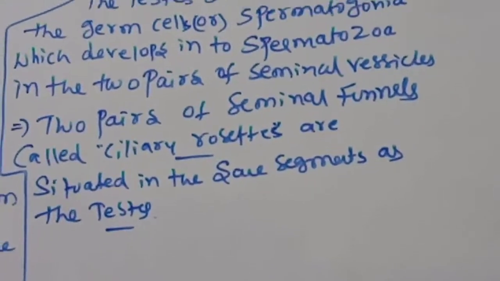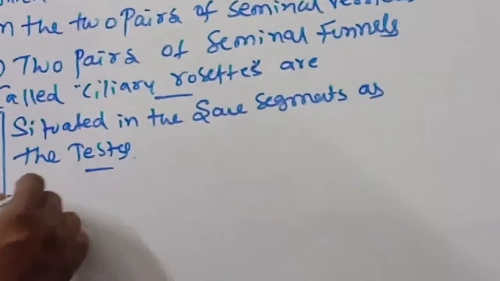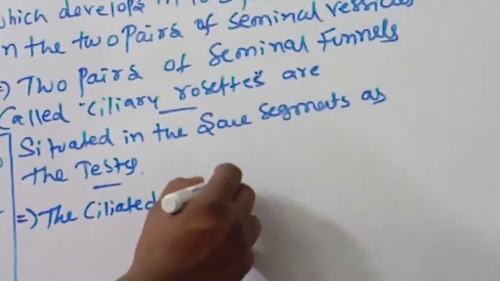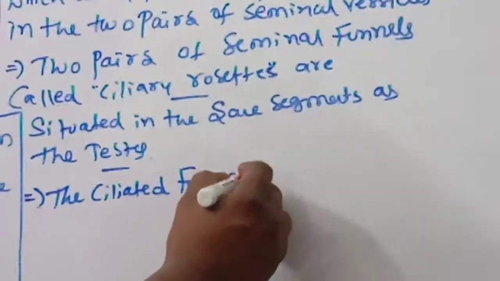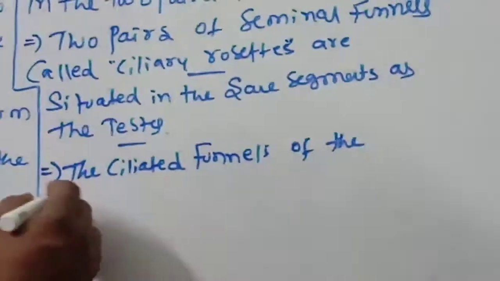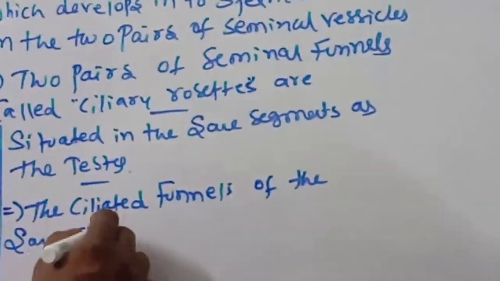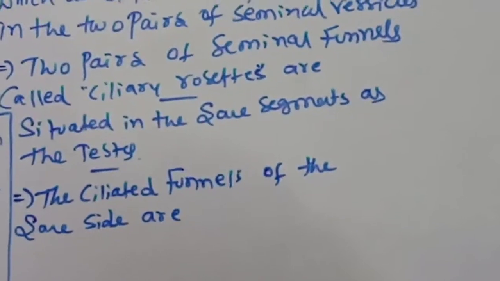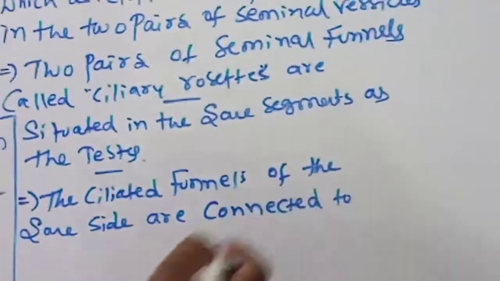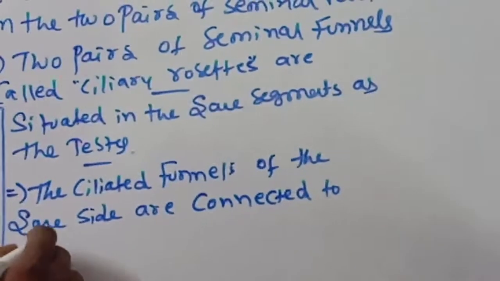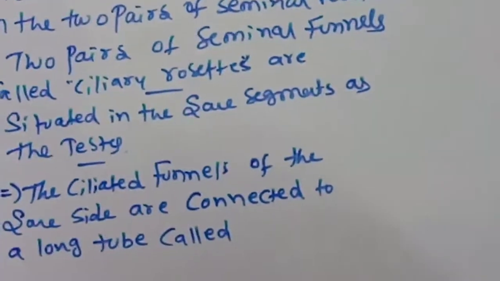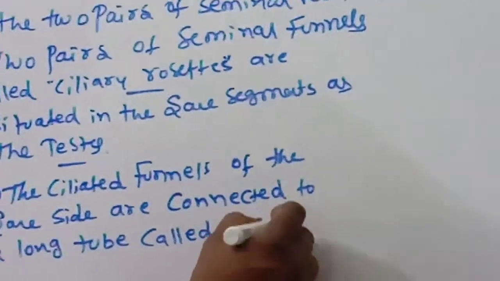Next one. The ciliated funnels of the same side are connected to a long tube called vas deferens.